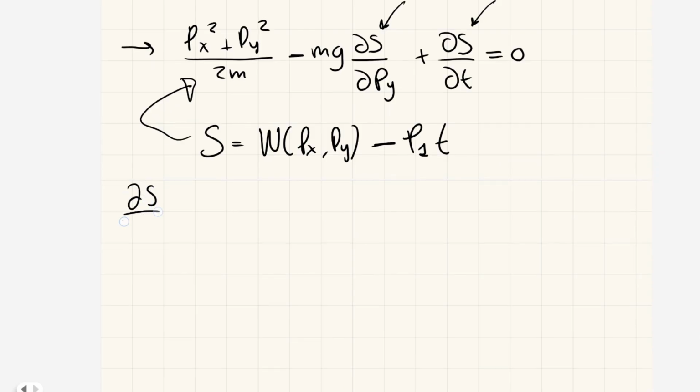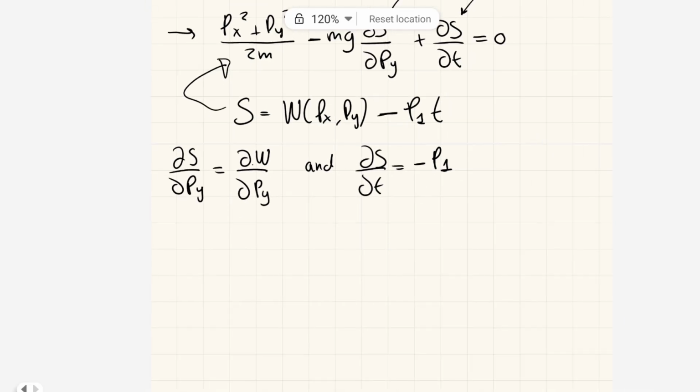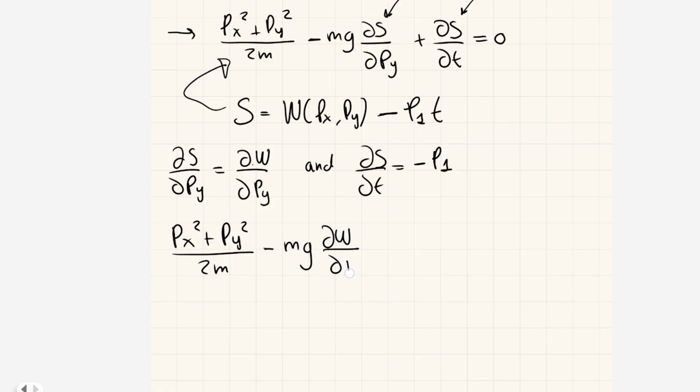The partial of S with respect to py is, of course, the partial of W with respect to py, and the partial of S with respect to time is obviously minus p1. So what happens if we take these results into the Hamilton-Jacobi equation? We will get px squared plus py squared divided by 2m minus mg, the partial of W with respect to py, minus p1 equals 0.